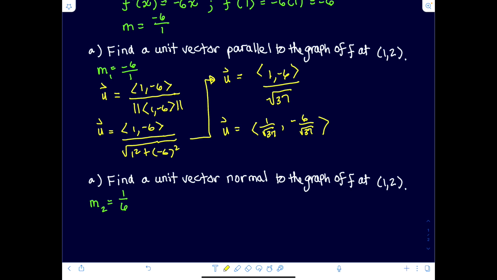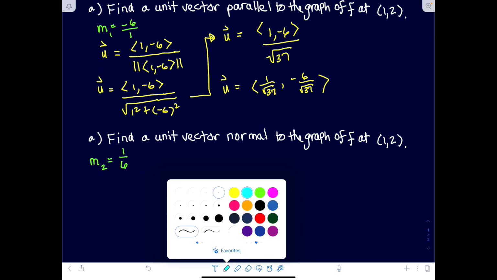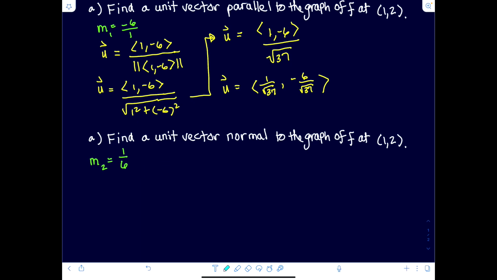So now we need to find our second vector. That second vector will be, call it v, equal to (6, 1), just using rise over run. So x comma y, 6 comma 1. We also need to have that divided by the magnitude, which is the square root of 6 squared plus 1 squared.